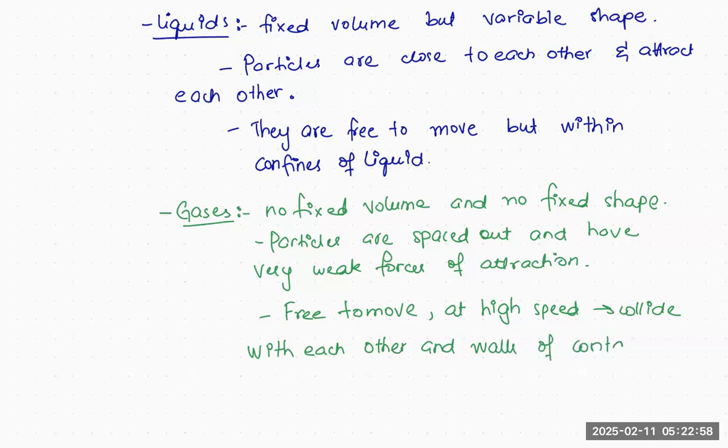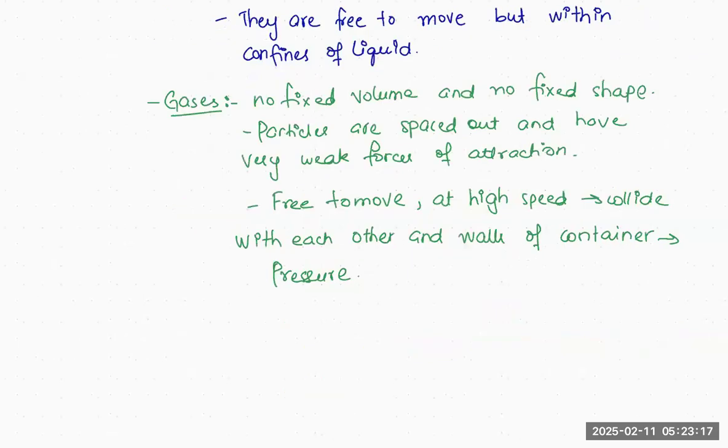Now, when we talk about the motion of gas particles, the motion of gas particles is referred to as Brownian motion. It's named after a scientist who discovered the movement of small particles, and his name was Robert Brown.